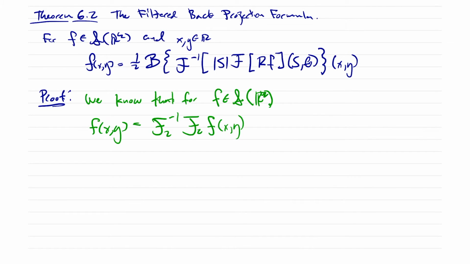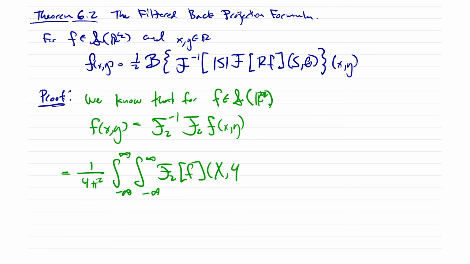And if we go ahead and write that out, that gives us 1 over 4 pi squared, because remember it's 1 over 2 pi for each of the Fourier transform and inverse Fourier transform. Then we're going to have the integral from minus infinity to infinity, integral from minus infinity to infinity again, of the two-dimensional Fourier transform applied to f at, say, capital X and capital Y, times e to the i times little x times big X plus little y times big Y, dX and dY.